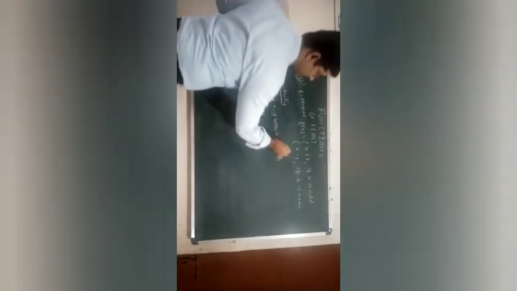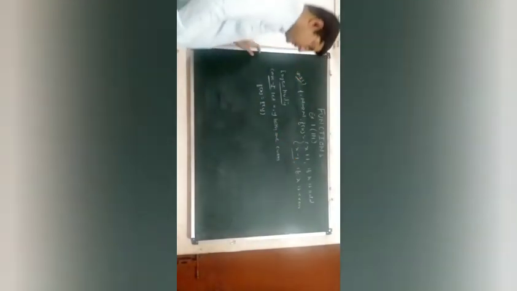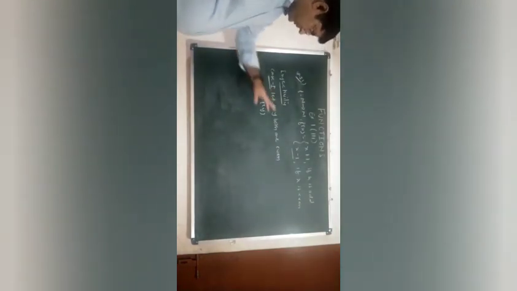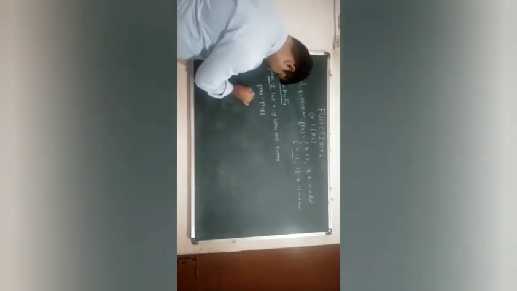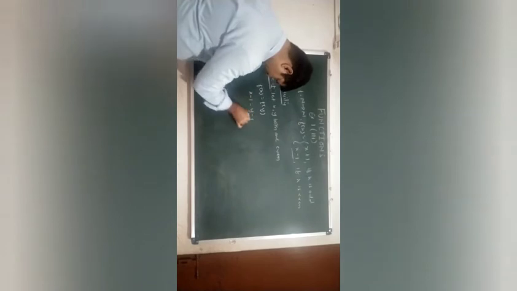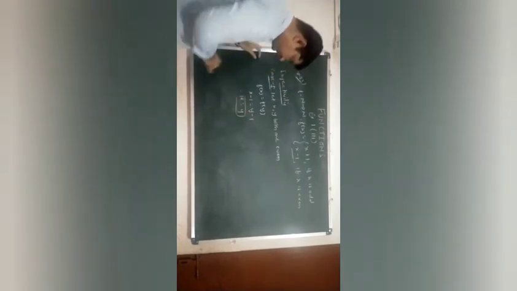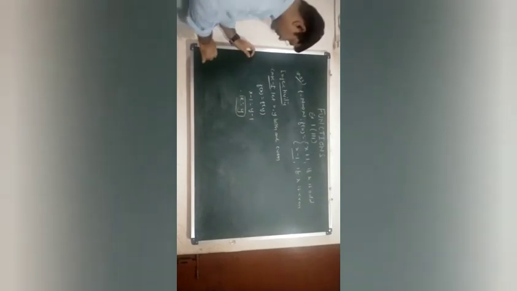Now if x and y both are even, then we will put the value in this formula, x minus 1. So x minus 1 is equal to y minus 1 and therefore we will get x is equal to y. Okay, now case 2.